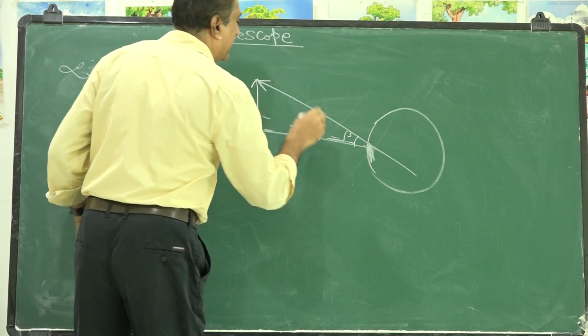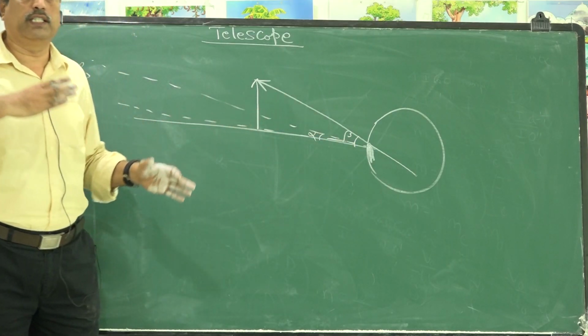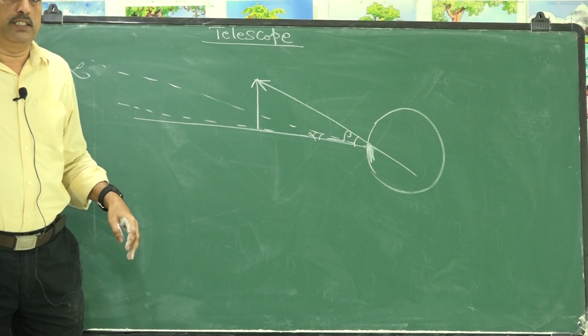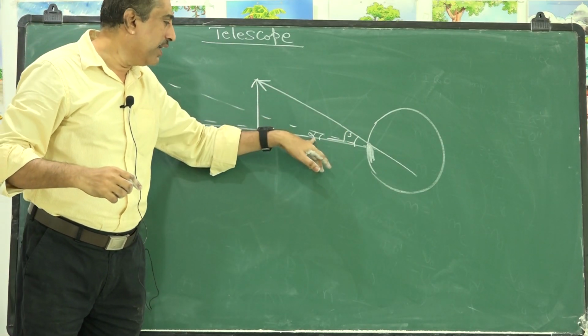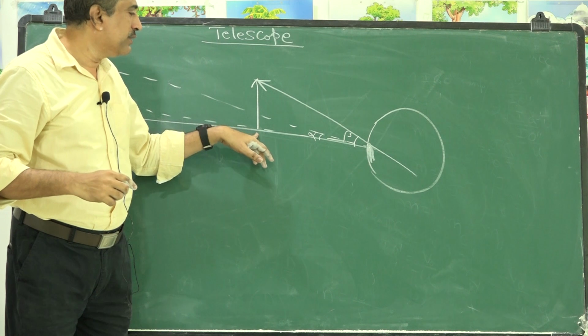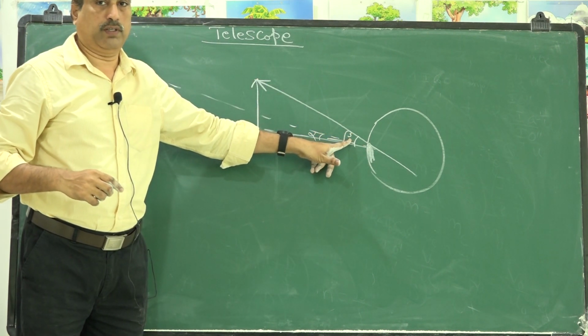So, alpha and beta, if you consider like that, alpha is always less than beta. That means when the object is at a larger distance, the angle subtended by that object at the eye is small, but when the object is nearer to the eye, the angle subtended at the eye will be more. Okay.